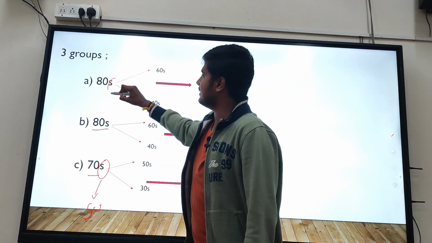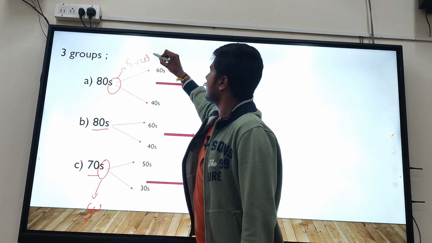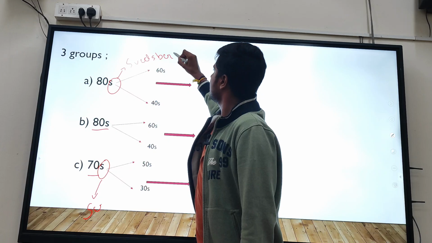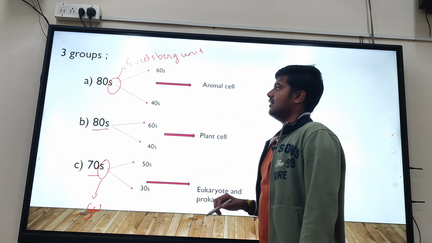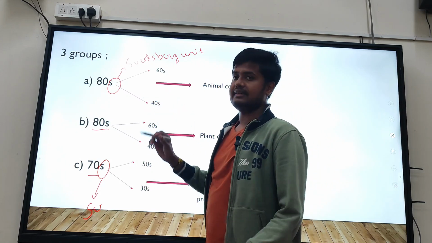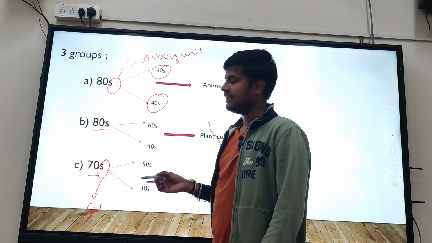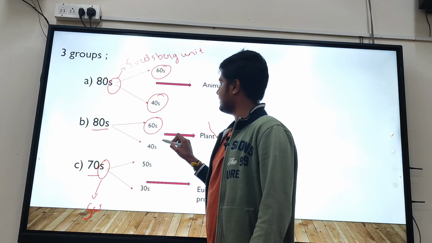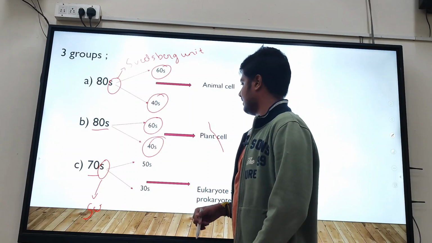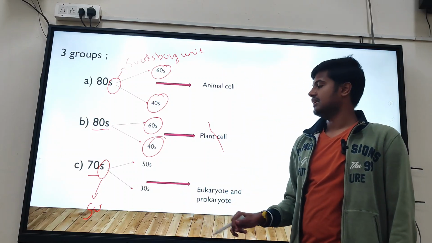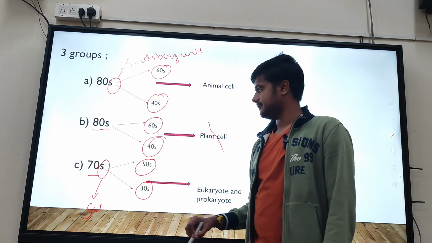Here S refers to the unit called Svedberg unit. In animal cells, the 80S divides into 60S and 40S. In plant cells, the same result, 60S and 40S. In prokaryotes, 70S is divided into 50S and 30S.